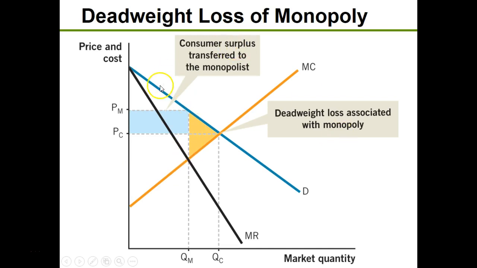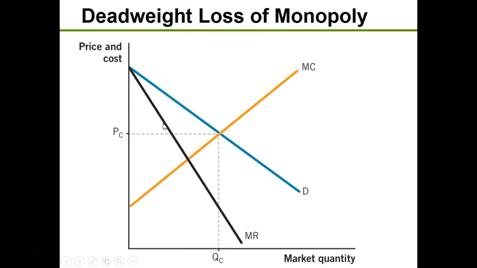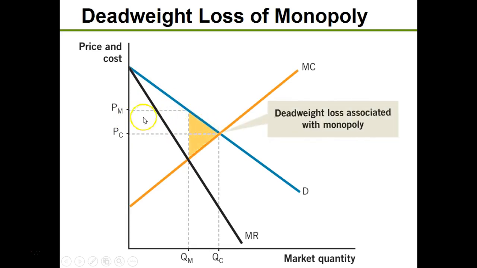We also talked about this idea of consumer surplus being shifted. Previous to the monopolist, this triangle here was consumer surplus, and this was producer surplus. Under the monopolist, this small triangle here is now your consumer surplus. So consumers lose this rectangle and this triangle. This triangle, of course, goes to deadweight loss, but this rectangle here goes to producer surplus.